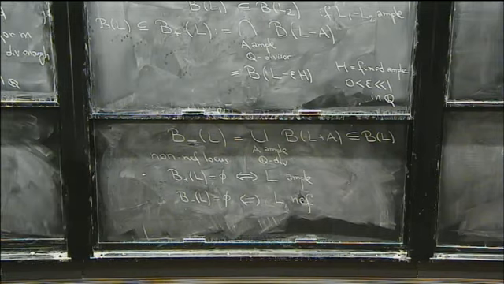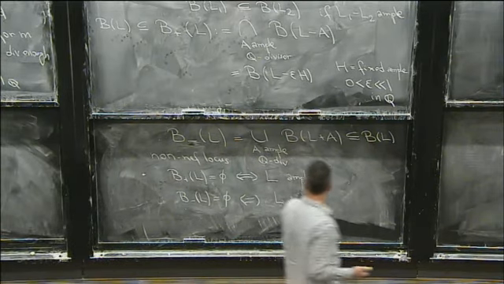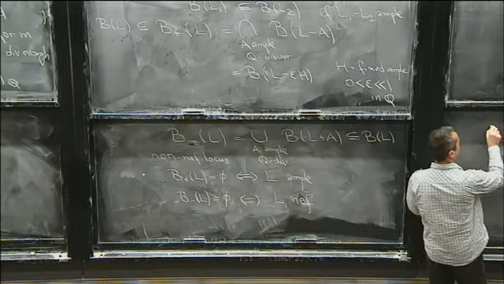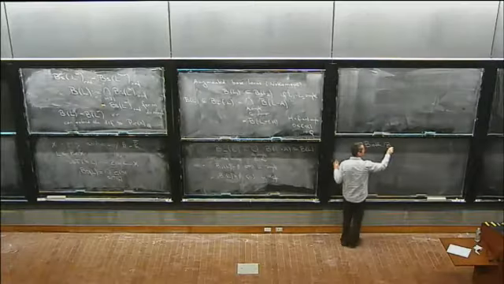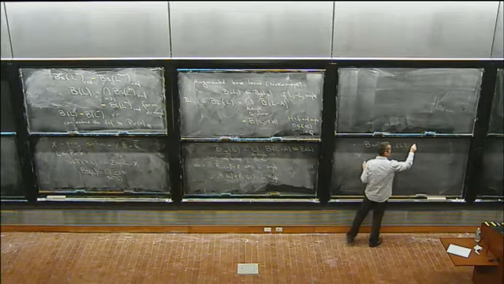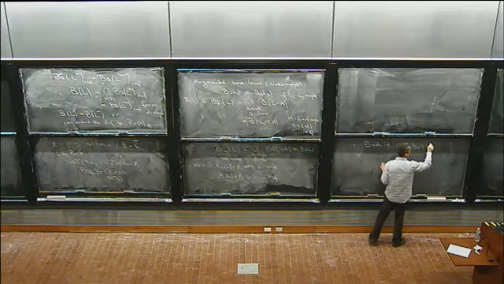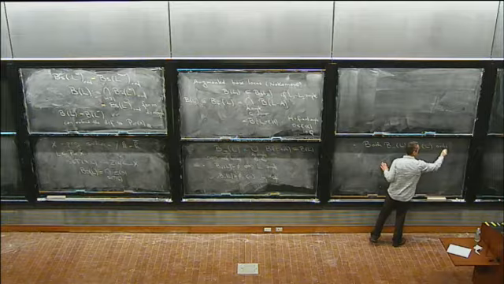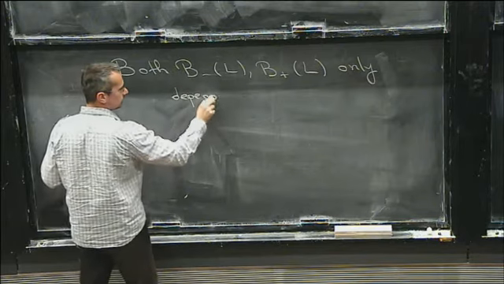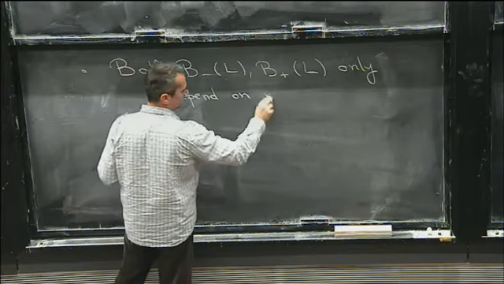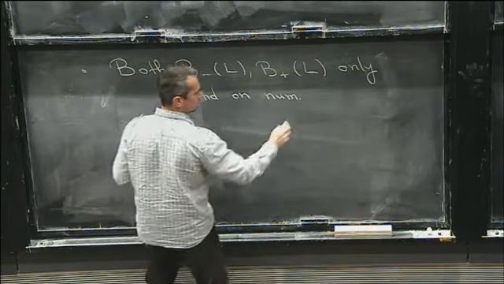And the first reason why they are good is that they only depend on the numerical class. Both B minus of L and B plus of L only depend on the numerical class.